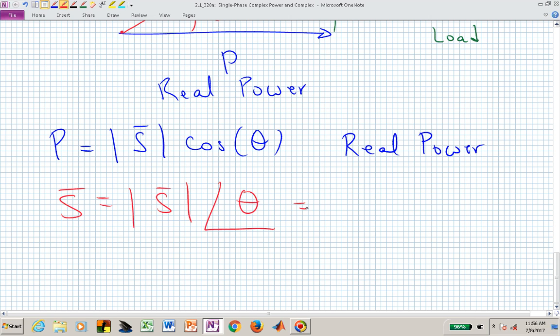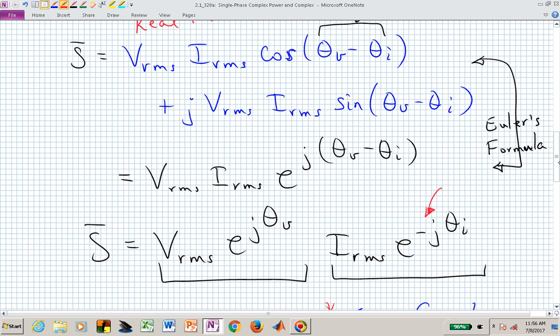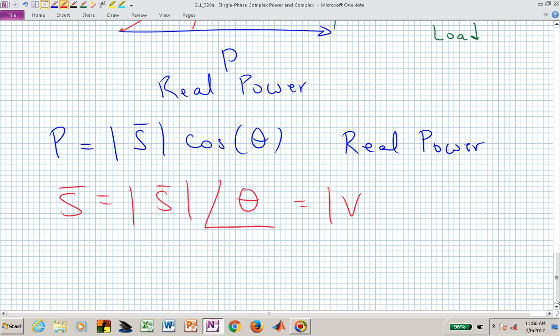If we go back to our expression for complex power, the magnitude is just the magnitude of our voltage phasor times the magnitude of our current phasor, so here we have the voltage magnitude times the current magnitude at a given angle theta.